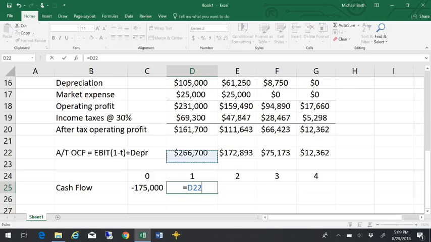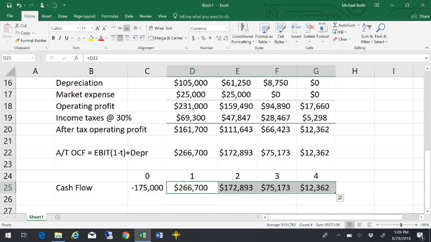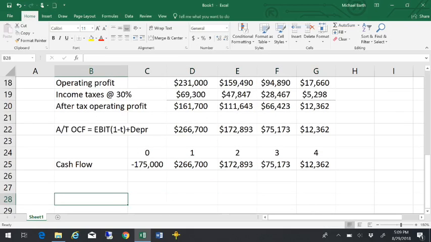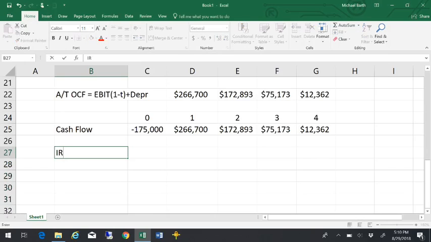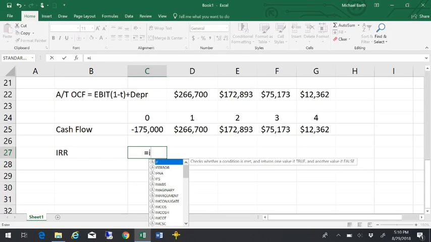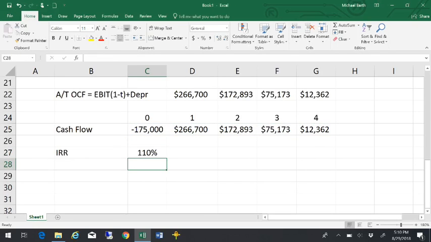And then my after-tax cash flows. And now I can compute things like the IRR, my internal rate of return. Misspelled IRR, that's almost funny. So I have 110%.